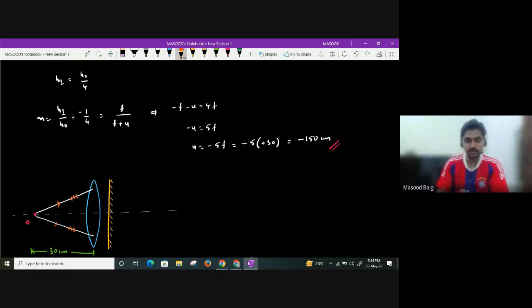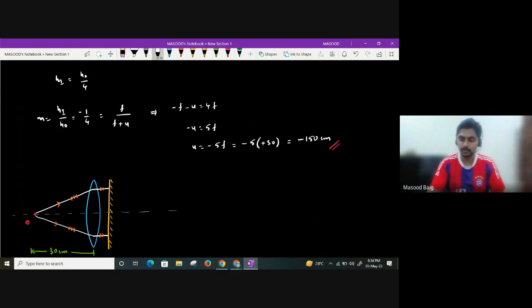So when will our rays retrace back again? If the refracted rays fall normally on the plane mirror. Whenever an incident ray is normal, it will retrace its path. Yes or no? So this is how the situation is.